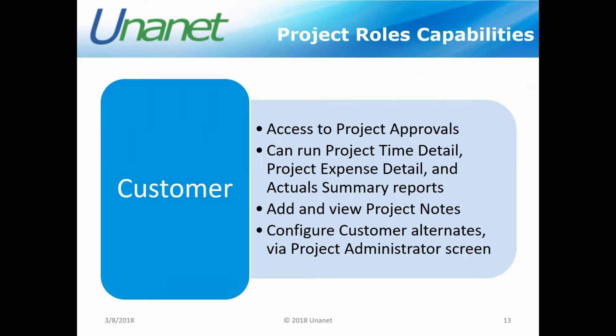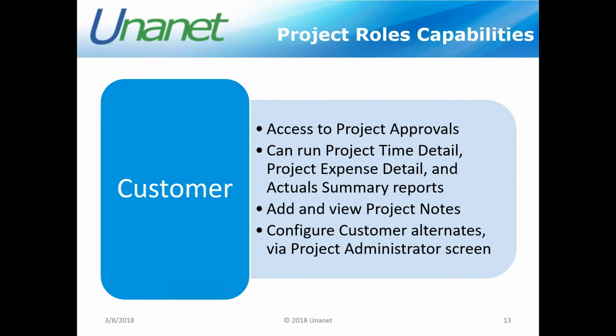And the last project functionality role I want to talk about is that of customer. There is a role called customer, and it has access to a type of project approval. And this is an additional and also optional level of approval that you could set up. Maybe you do have an outside customer that requires that they approve timesheets before they're invoiced. You could set this up and they can approve at the project level.